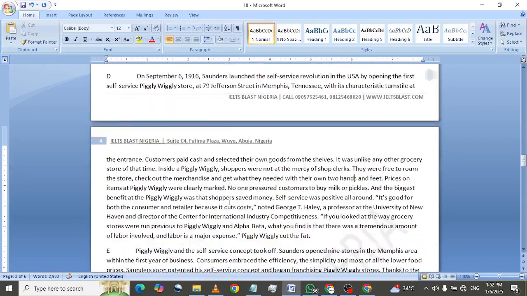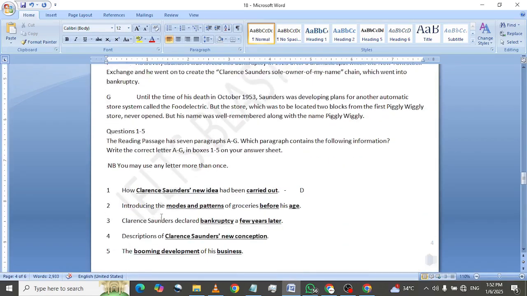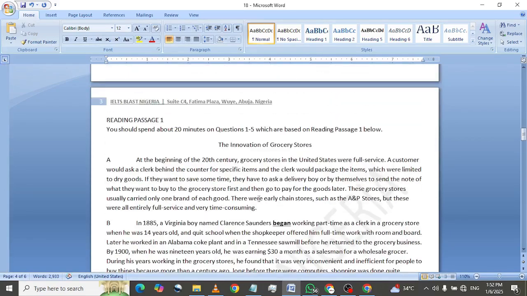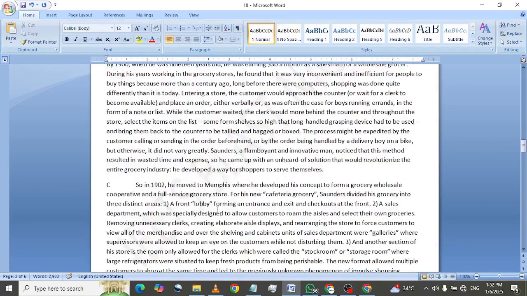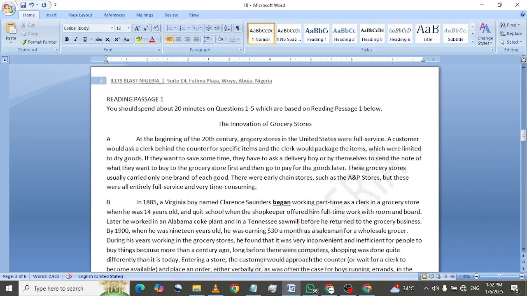Now the question says, let's take a look at the question. It says, introducing the mode of grocery store before its age. That means that what were they doing? So you can see now that this is what the grocery store was doing. Don't forget, they said at the beginning of the 20th century, grocery stores in the United States were full service.